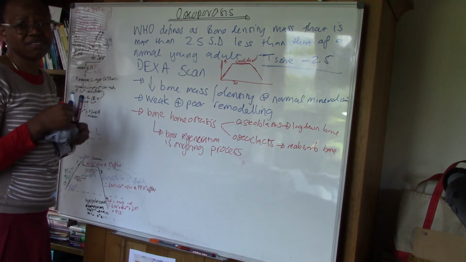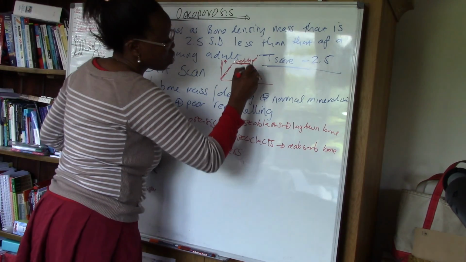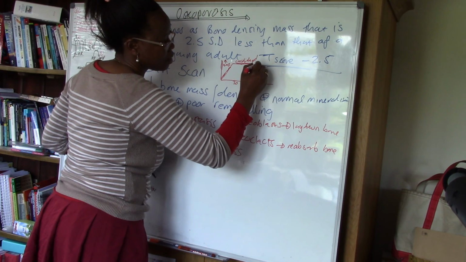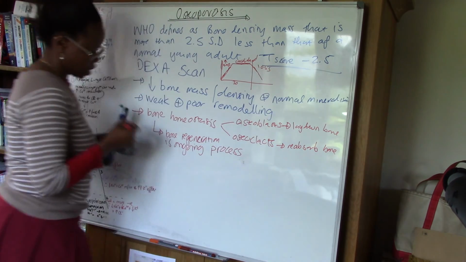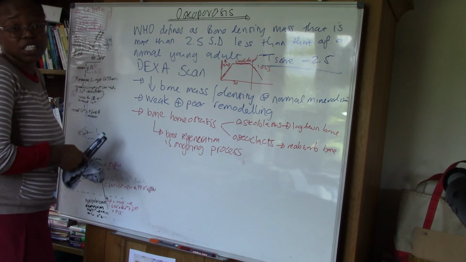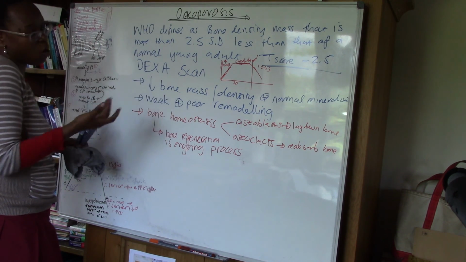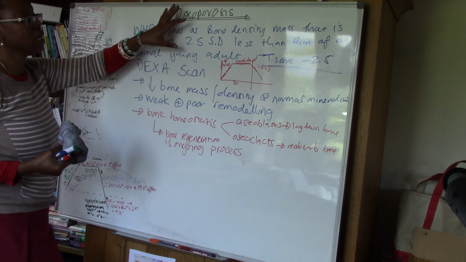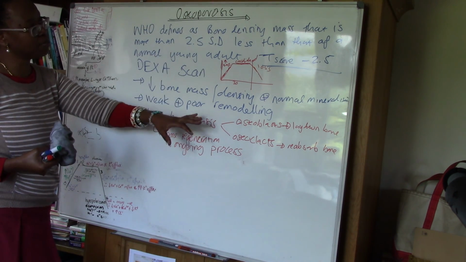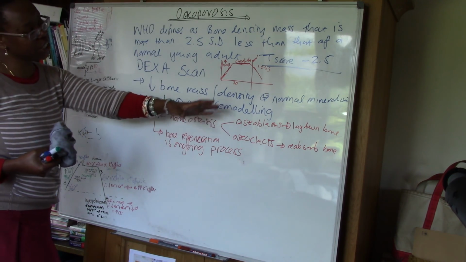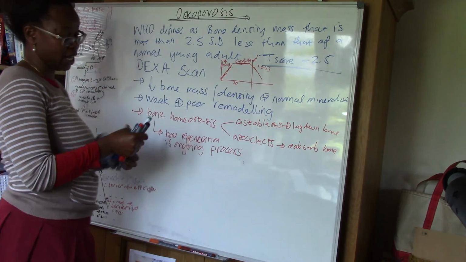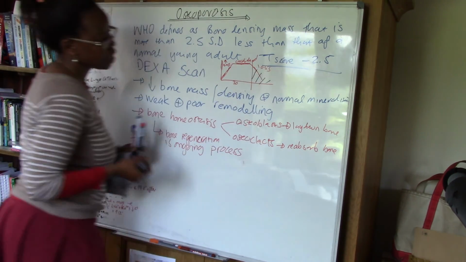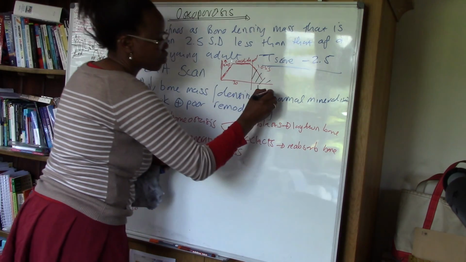So really that is normal. So this is increased mass, and then there is loss. That is the normal process of how bone behaves in normal people. So osteoporosis usually happens in older people, and that degeneration is due to hitting that bone loss phase. So this is the osteoporotic phase.